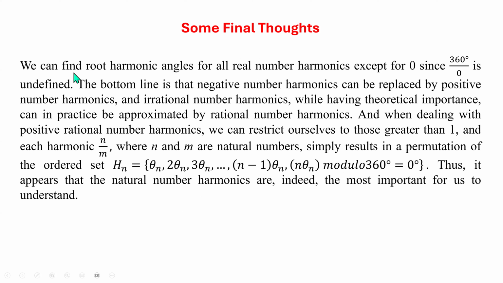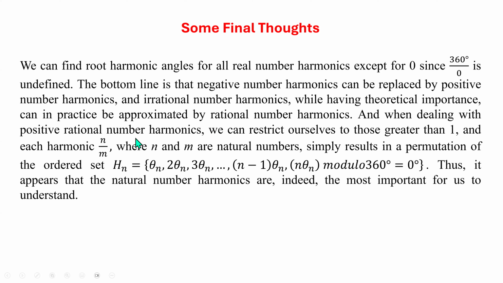So we can find root harmonic angles for all real number harmonics except for 0, since 360 degrees divided by 0 is undefined. The bottom line is that negative number harmonics can be replaced by positive number harmonics, and irrational number harmonics, while having great theoretical importance, can in practice be approximated by rational number harmonics.